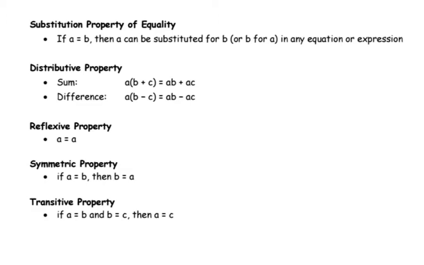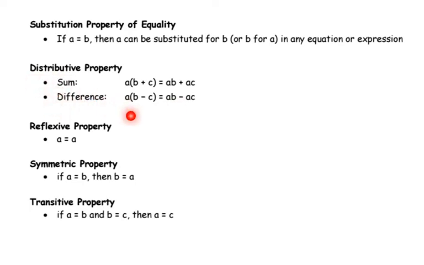And a few more properties here. Substitution property. If A equals B, then A can be substituted for B or B for A in any equation or expression. So they're interchangeable. The distributive property. You have a distributive property with sum, A times B plus A times C. And then there's also the difference for distributive.